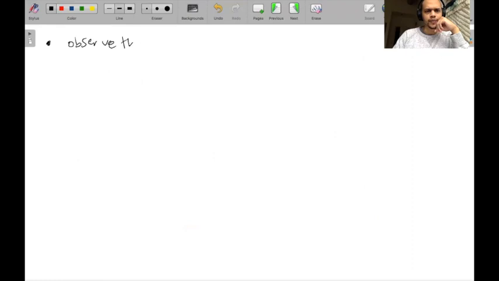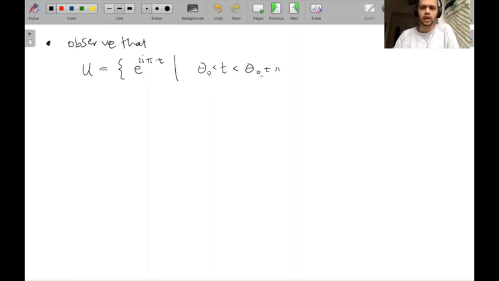So observe that if we take U, one of these semicircle subsets, we could write it as the points e to the 2 pi i t, where t is between some theta naught and theta naught plus pi. So it's a semicircle on the circle.